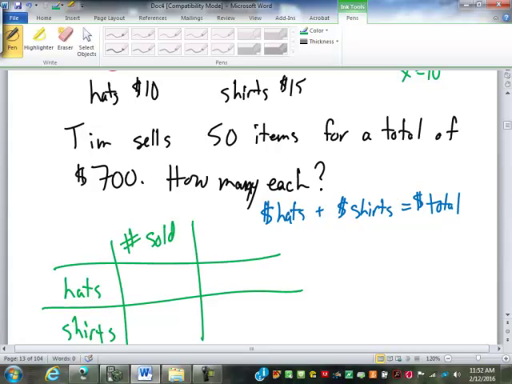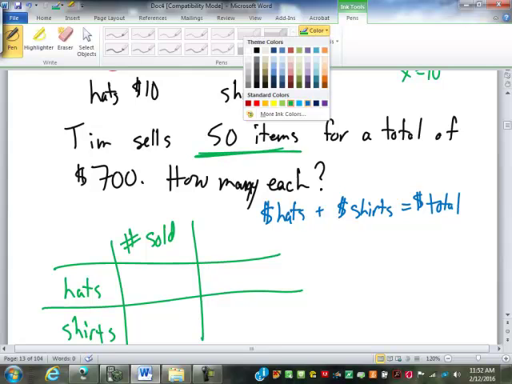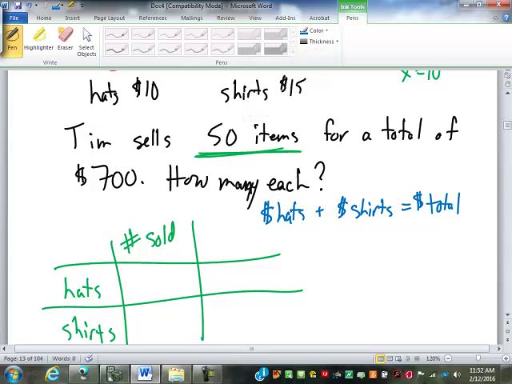The difference is we're not given that reference like we were before, where shirts were 4 times as many as hats, or one of them is a certain number of times as many as the other. What we're given here is a total, 50 total items. To use that, we just have to pick one of our items, the number of one of the items, to be X. So I'm going to pick the number of shirts sold to be X.